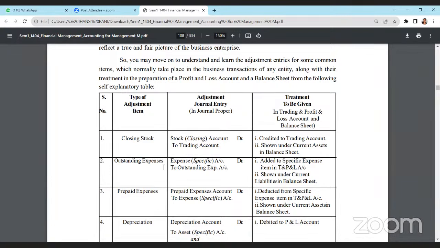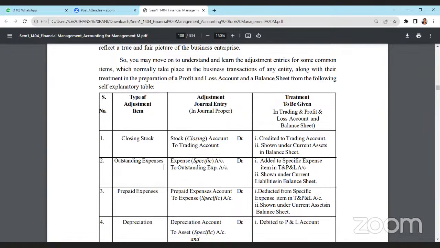Why? Because outstanding means yet to be paid, but we have not yet paid. So that is nothing but liability. So we show in the liabilities all outstanding expenses. The first effect is we will add to the respective expenditure, and the other one is we will write in the liability side.